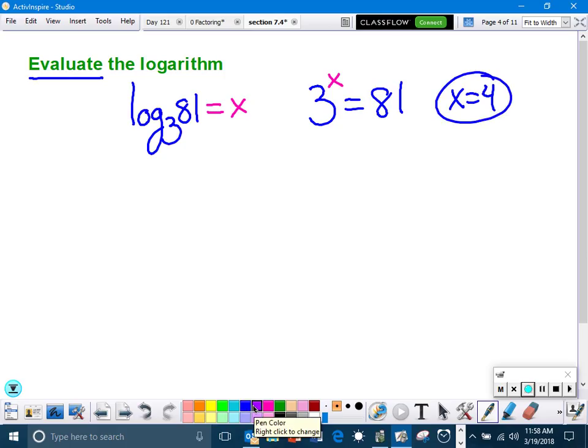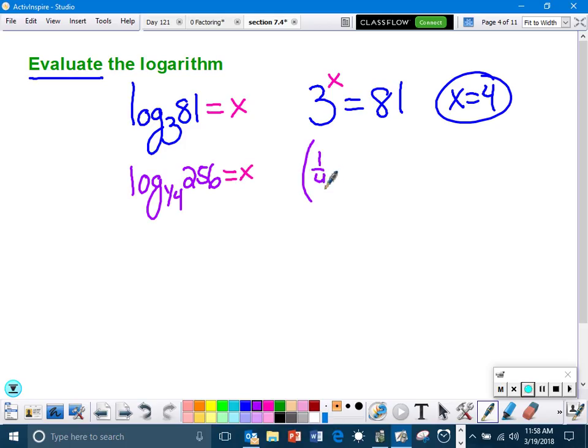Okay, next one. Log base 1/4, 256. So again, that's my expression. So I set my expression equal to x, and I'm going to rewrite it. Again, use parentheses around fractions. So 1/4 to the x power equals 256. If I recall from what we did on the other page, that's got to be a negative exponent because it's going from a fraction to a very large integer.